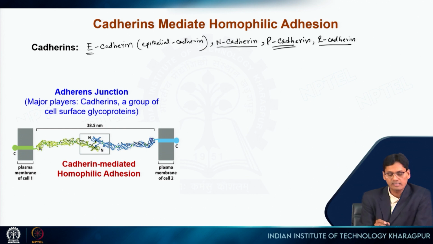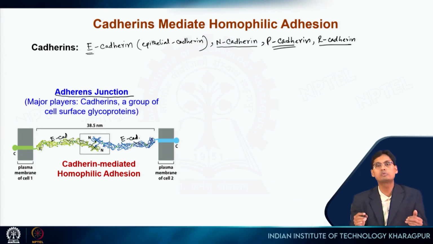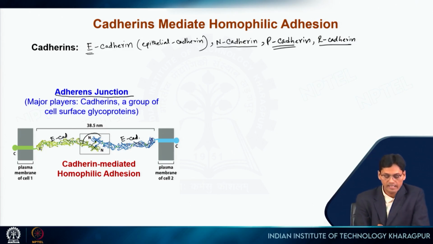Here you can see that this is an adherens junction, which I already explained. These two cadherins are shown in different colors for clarity. This is E-cadherin, and this is the same molecule, E-cadherin, but they are coming from two adjacent cells and they interact through their N-terminal extracellular domain.